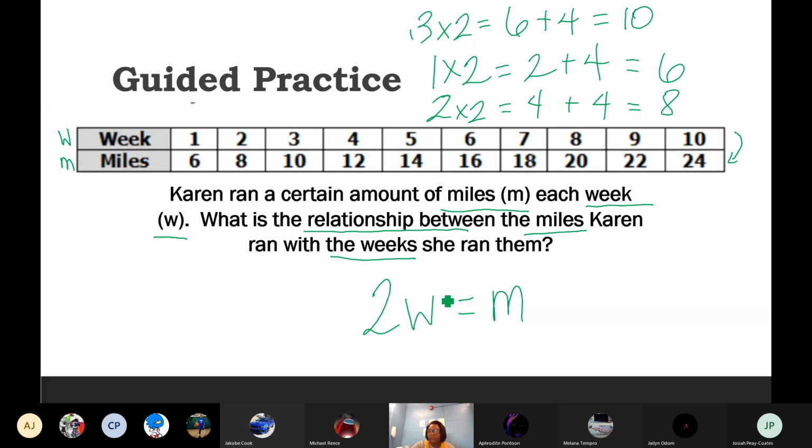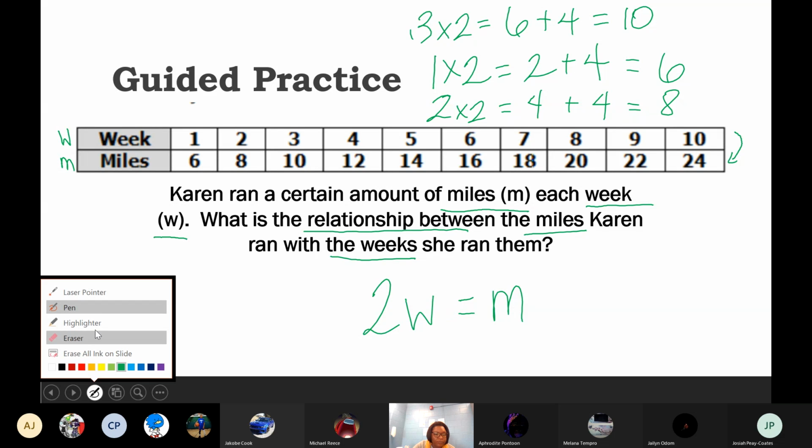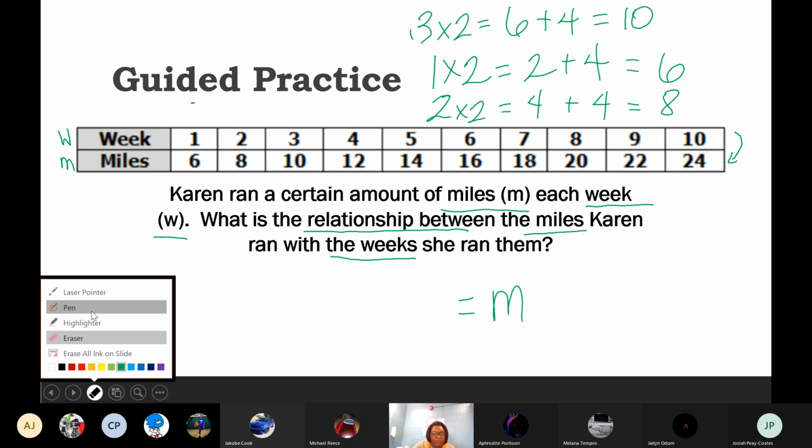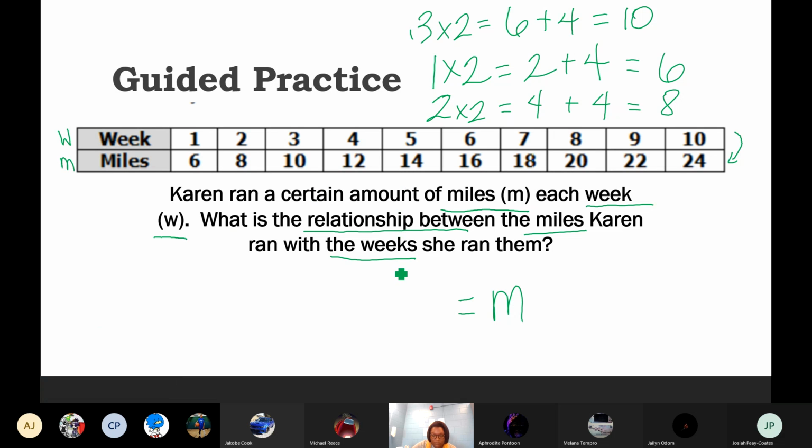2W, sorry. I didn't leave enough room for myself. 2W plus 4.